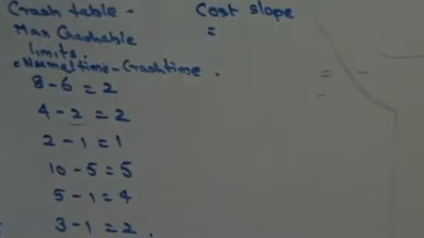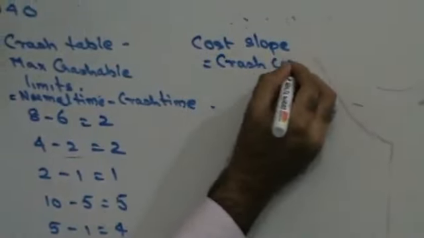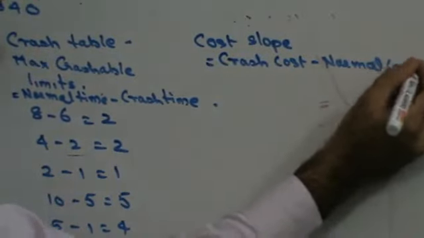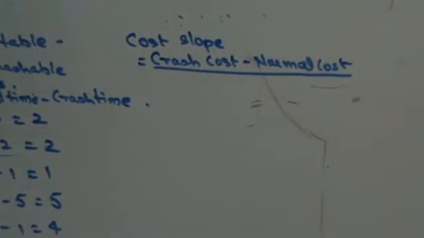Cost slope is given by the formula: crash cost minus normal cost upon normal time minus crash time.